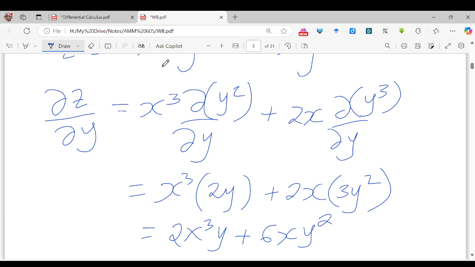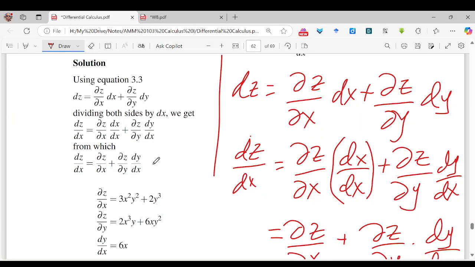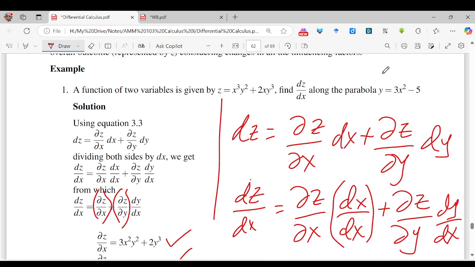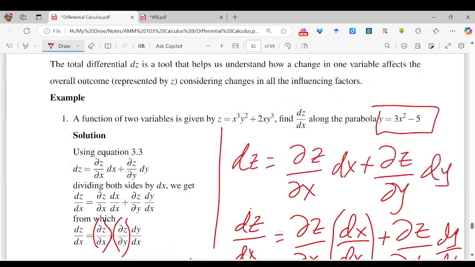So let's look at what we have. In our expression, we have the partial derivative of z with respect to x and the partial derivative of z with respect to y. Those we have obtained here. But then we have dy/dx. Now we have the relationship between x and y. y equals 3x squared minus 5.